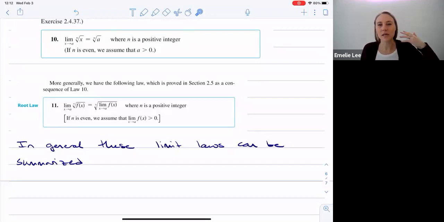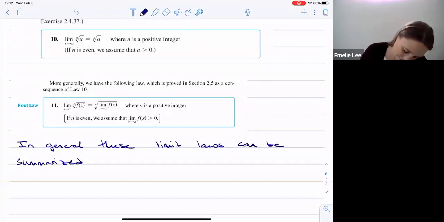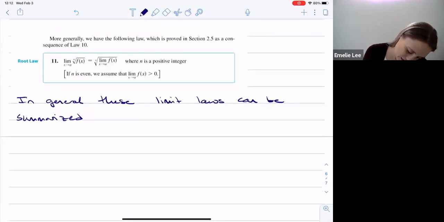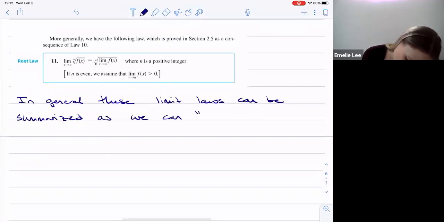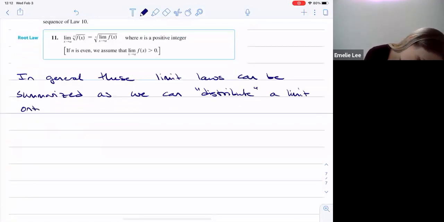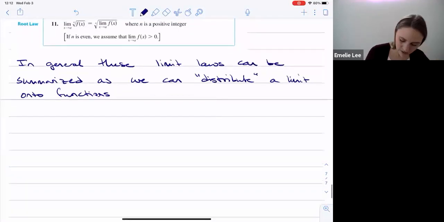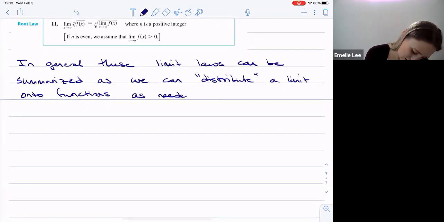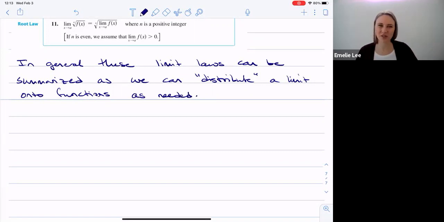We'll be able to distribute, can be summarized as we can distribute a limit onto functions as needed.